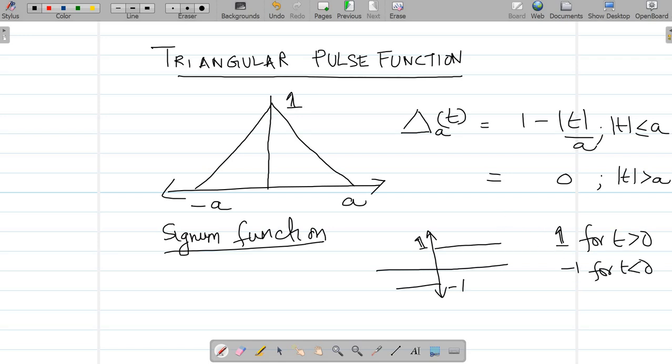The symbol for this is signum of t. I can also write signum of t as 2u of t minus 1. You can see why, because if you plot this, you will understand that it is nothing but the signum function. You can do it yourself. It's not very difficult.